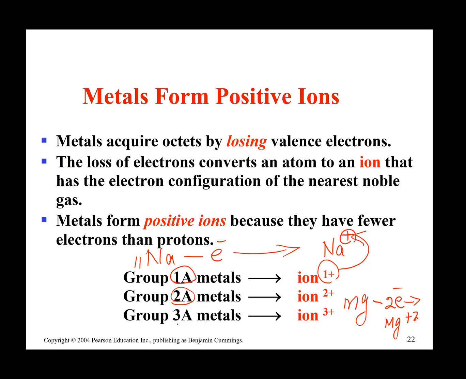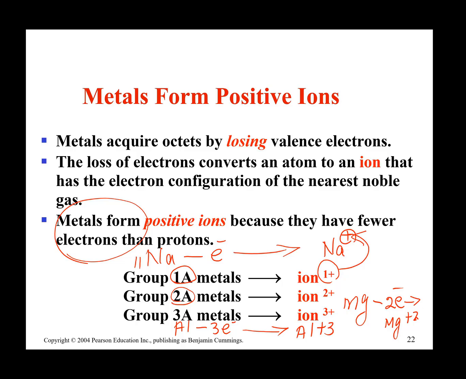What if I look at aluminum, which is in group 3A? It's going to lose 3 electrons to have aluminum +3. So can I make a general rule about predicting the charge of the metals after they react? See, metals are electron donors.